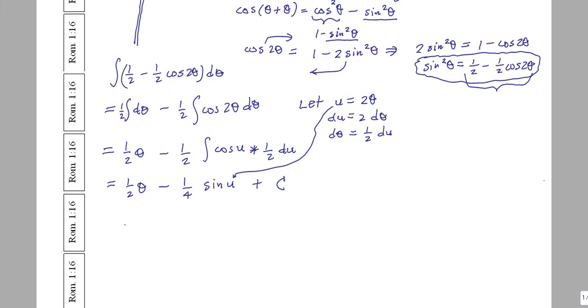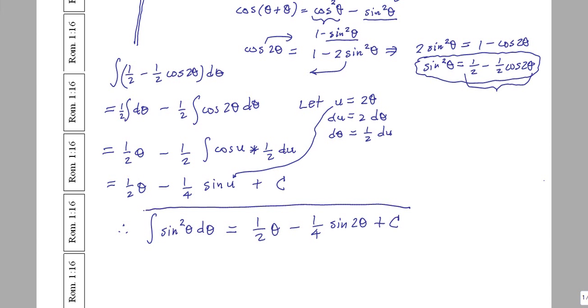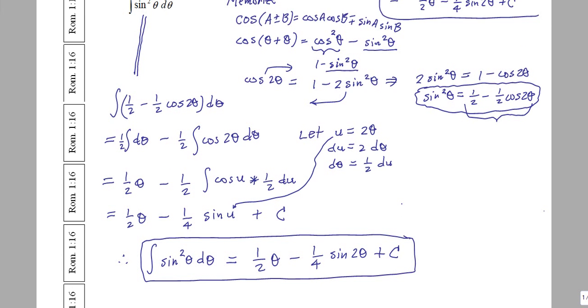So we find therefore that the integral of sine squared theta d theta is equal to a half of theta minus a quarter of sine of the double angle 2 theta plus c, and that should compare identically with what we did in the opening minutes of the video up here.